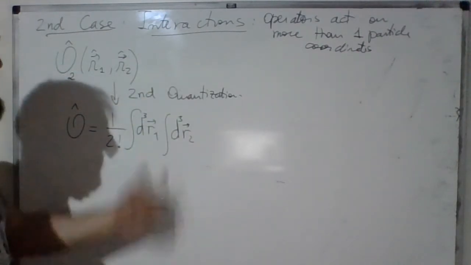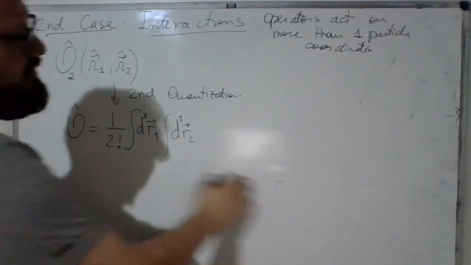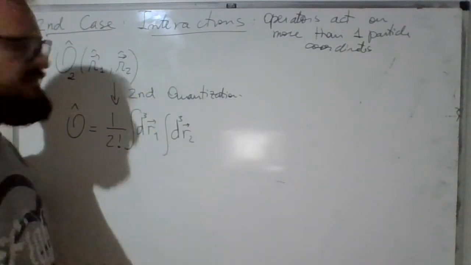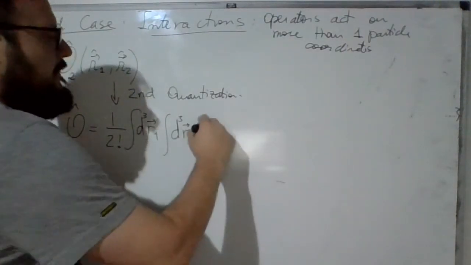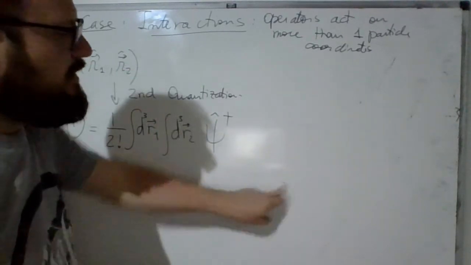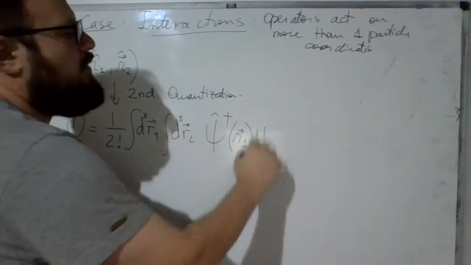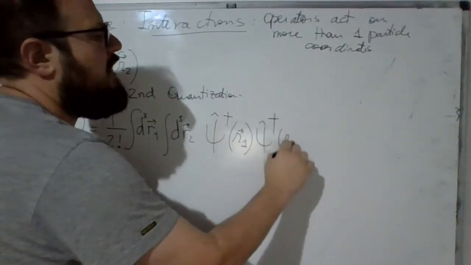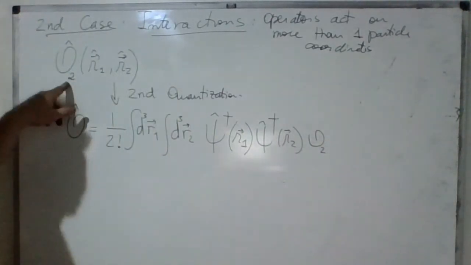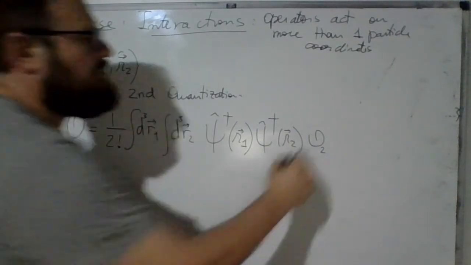Okay, so volume integrals over the volume of particle 1 and the volume of particle 2, in the entire volume of space, with respect to the coordinates of particle 1 and 2, and you second quantize in the following way. So psi dagger of R1, psi dagger of R2, the operator of the two coordinates here, R1 and R2.